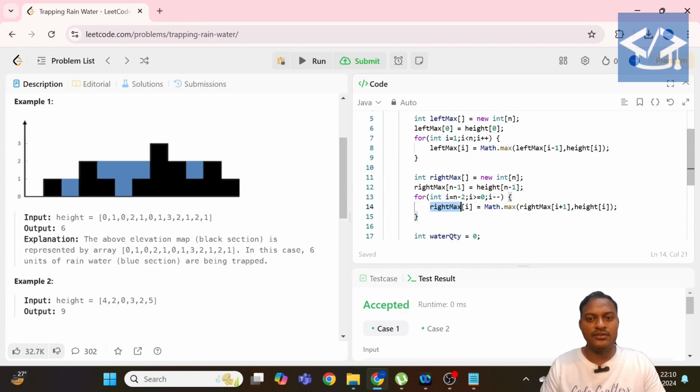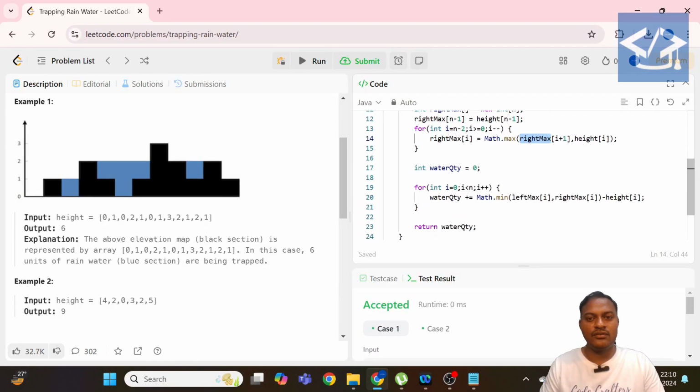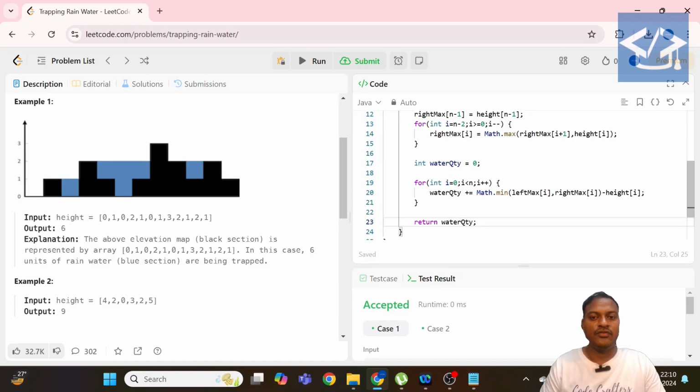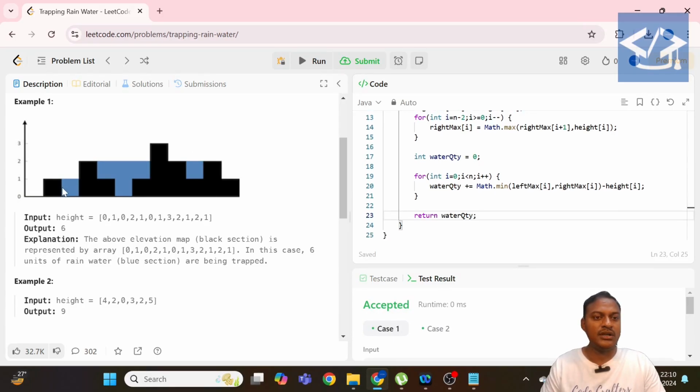Similarly for right, we start from n minus 2, because the rightmost building's right max is its own height, and we take the max of rightMax of i plus 1 and the height of that building. Finally, we calculate the water quantity by taking the min of leftMax and rightMax and subtracting the height of the building, and then we get the final water quantity these buildings can hold.